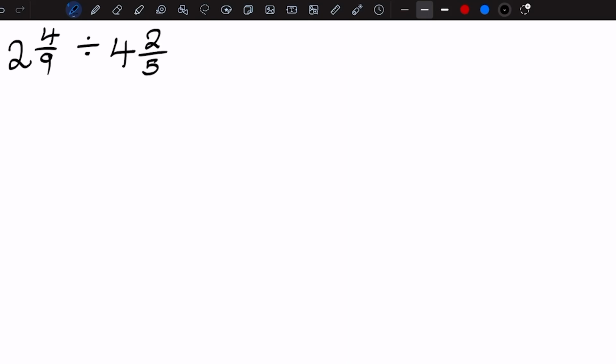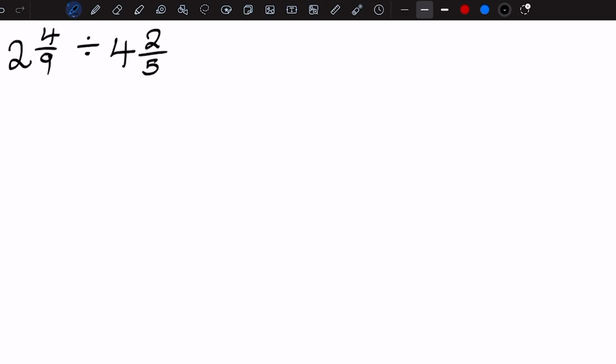So these are two mixed numbers. We already know how to work with mixed numbers. If you don't know how to work with mixed numbers, please watch the previous videos. From the start, change these mixed numbers into what we call an improper fraction.